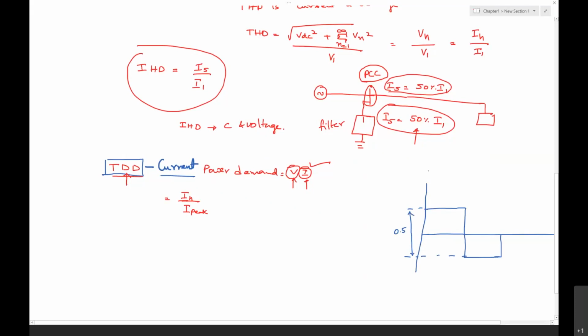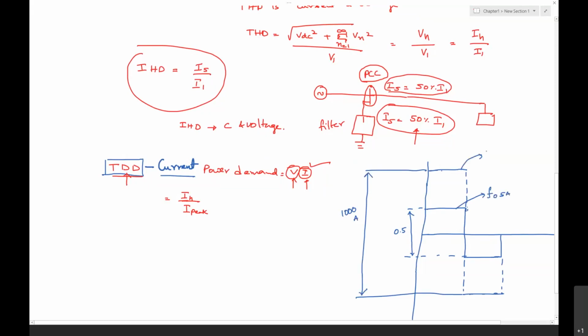There is one more, similar periodic signal, which has a magnitude of 1000 amperes peak to peak. So one is a current signal of 0.5 amperes, and the other is a current signal of 1000 amperes.